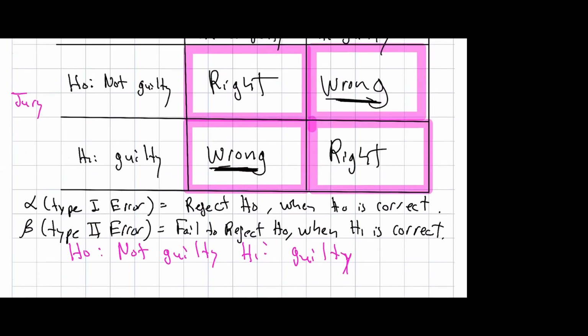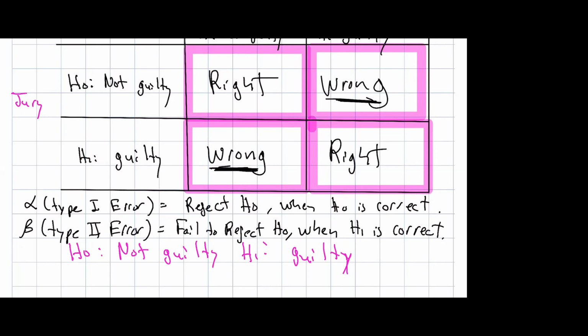So a type 1 error is when we reject the null hypothesis when the null hypothesis is correct. A type 2 error, which is beta, is when we fail to reject H0. When we say fail to reject H0, that means we say H0 is correct when H1 is correct.